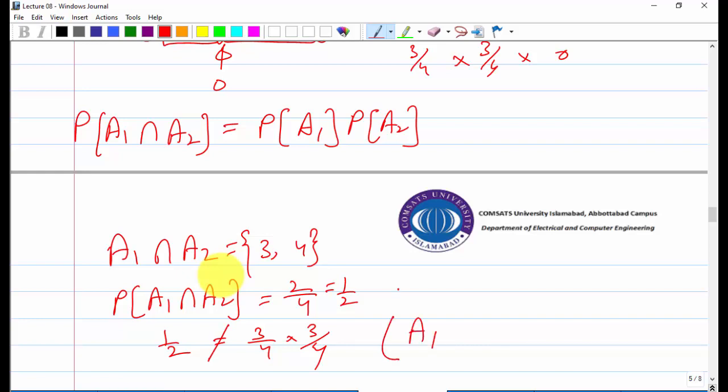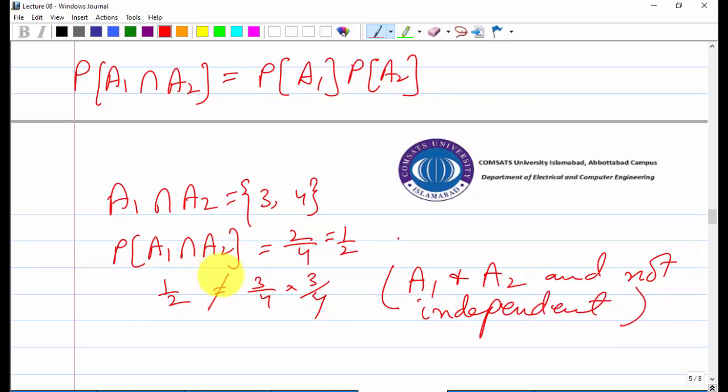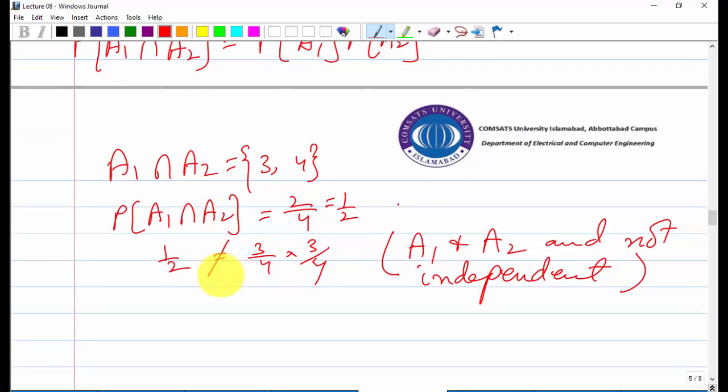So A1 and A2 are not independent. It means they are dependent on each other. We don't have to go further, because if any of the tests defined in the three independent events definition fails, they will not be independent events.